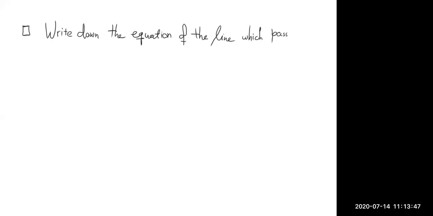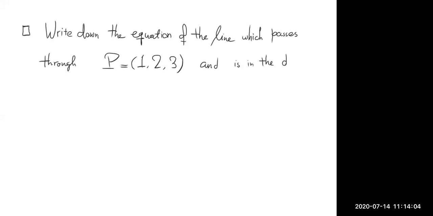Write down the equation of the line which passes through the point P, whose coordinates are say 1, 2, 3, and is in the direction of a vector v with coordinates say 1, -1, -2.